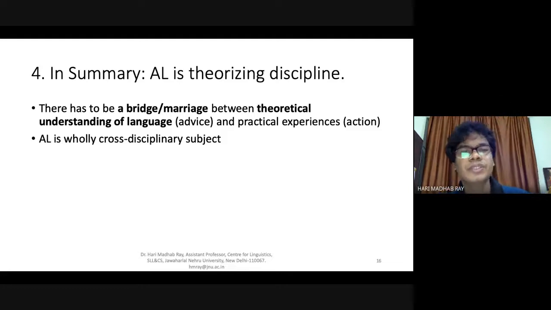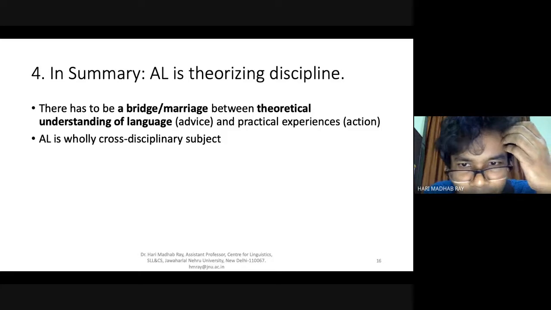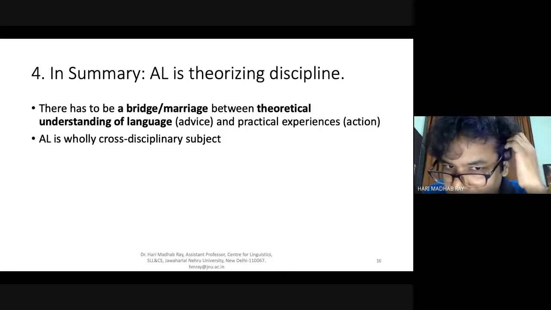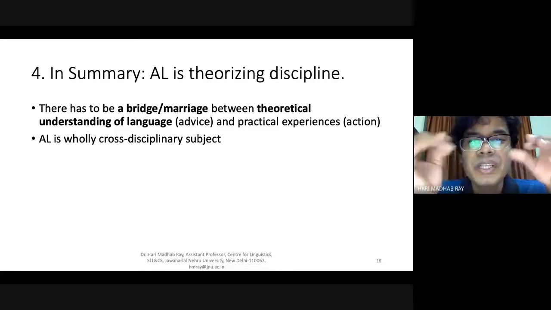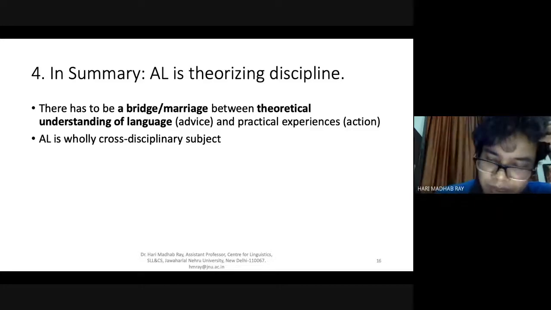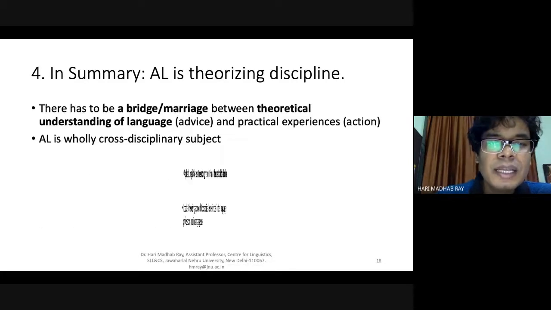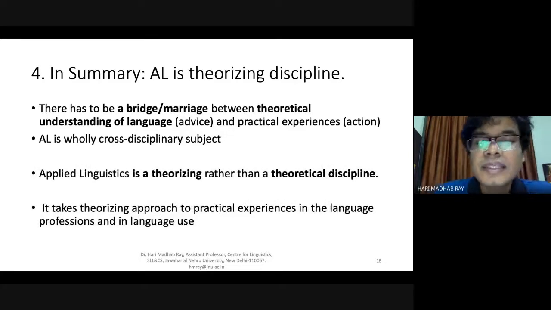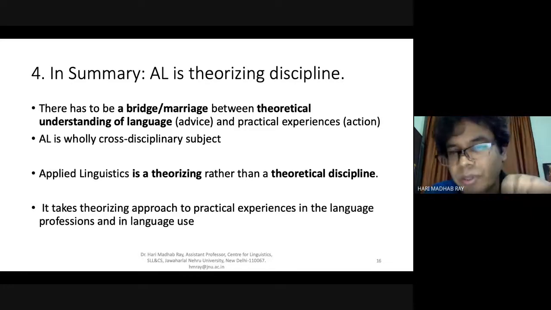So there has to be a bridge, or in other words a marriage, between theoretical understanding of language and practical experiences, between theory and action, a mediation. And we have understood that applied linguistics is a wholly cross-disciplinary subject, a theorizing rather than a theoretical discipline. This is our premise.